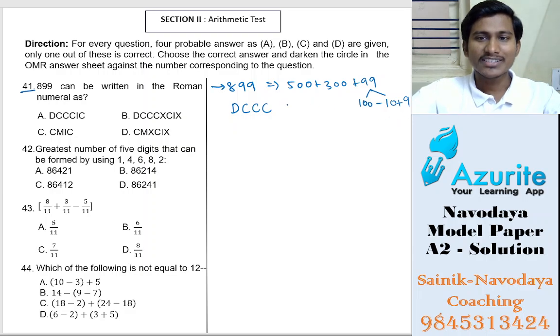So before C we write X, that is 90, and then 9 we write as 10 minus 1. This is the answer.